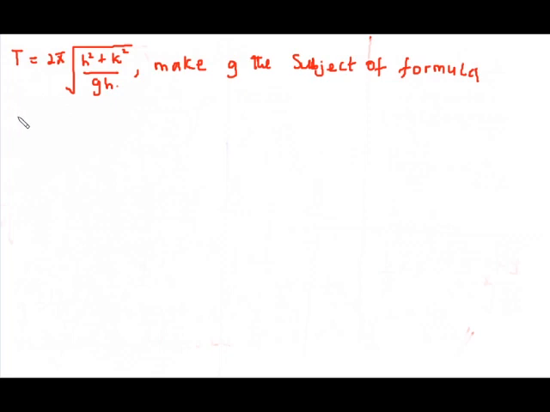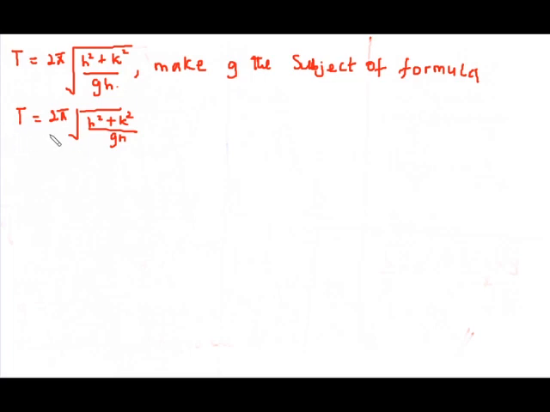Okay, so you have T equals 2 pi, and you have a root of h squared plus k squared over gh. Now I'm going to be dividing both sides by 2 pi because that's what's hinging these roots here.